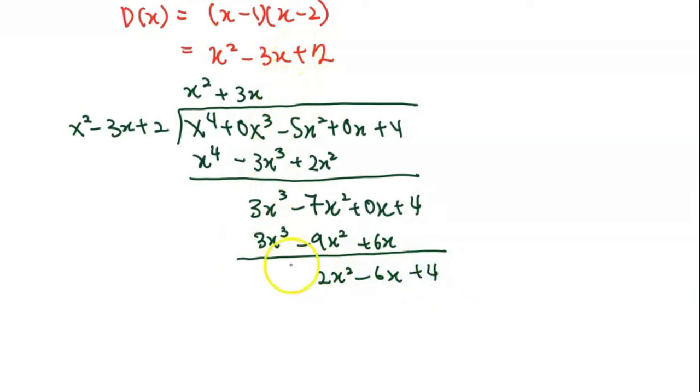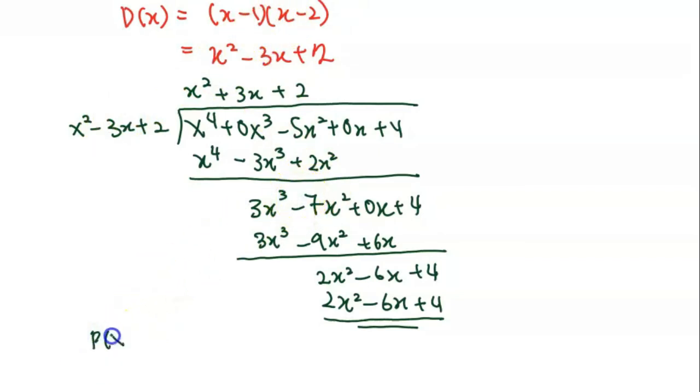Finally, to get 2x squared, I will multiply 2 by x squared and expand for the rest, plus 4. So notice that our long division does not have any remainder because this divisor is a factor of the polynomial.